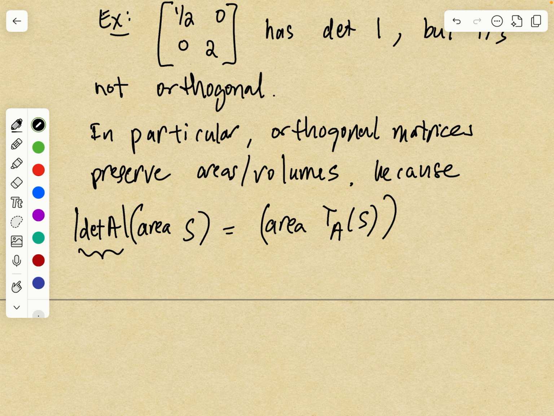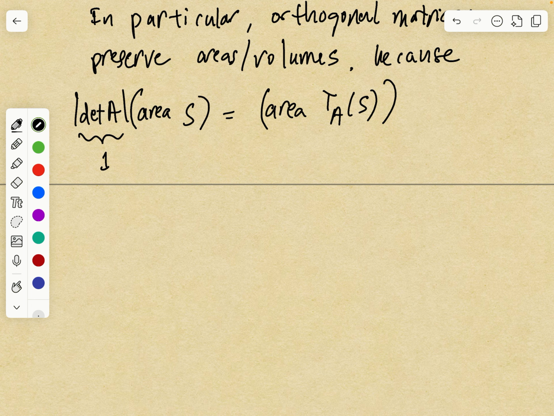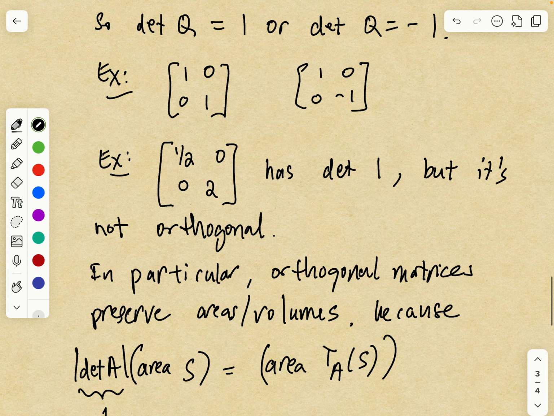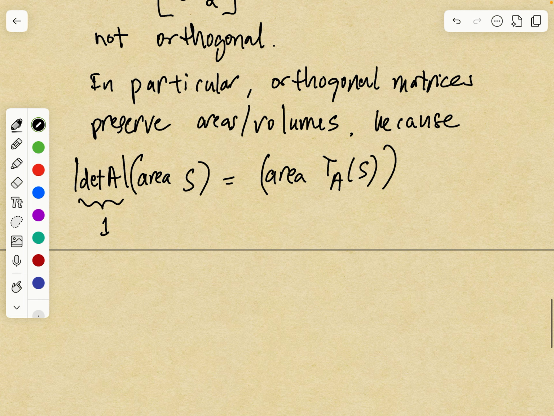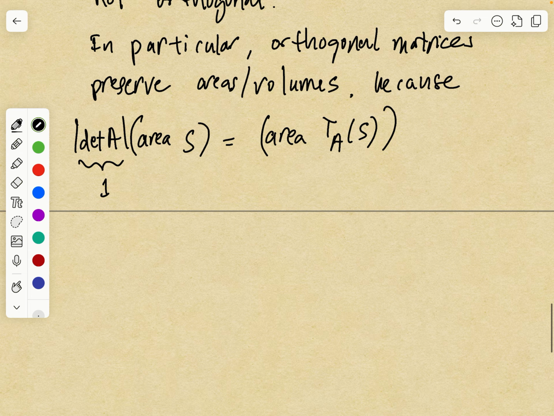And if the determinant of A is 1 or -1, then the absolute value is going to be 1. And so therefore, the orthogonal matrix does not distort areas of regions. Okay. But as we said before, this diagonal matrix with entries 1/2 and 2 also doesn't distort volumes or areas, but it's not orthogonal.